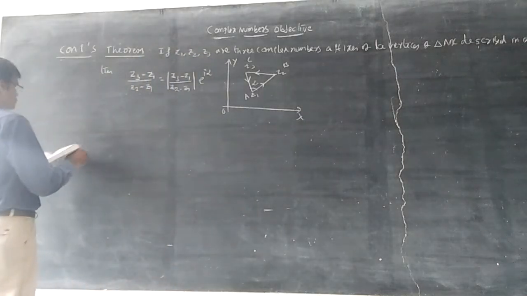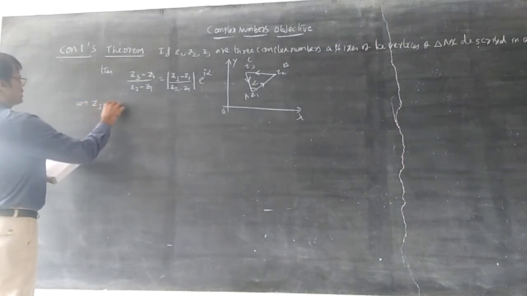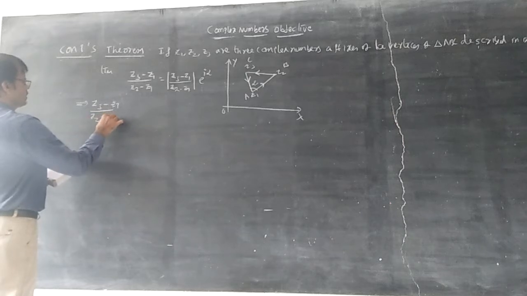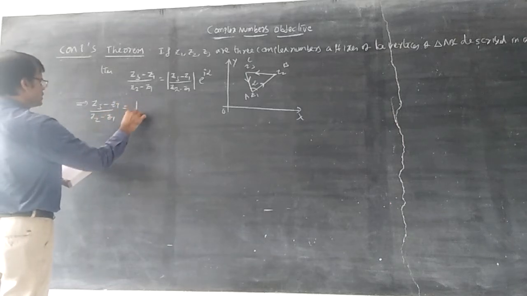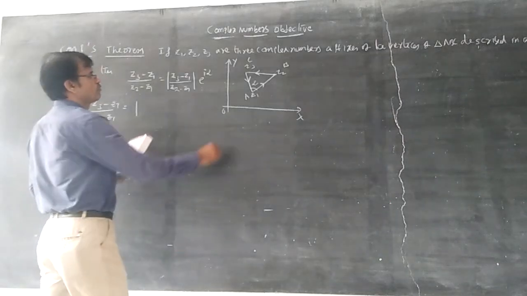Now we can write the template using the diagram: (z3 minus z1) by (z2 minus z1) is equal to, what is the value here?